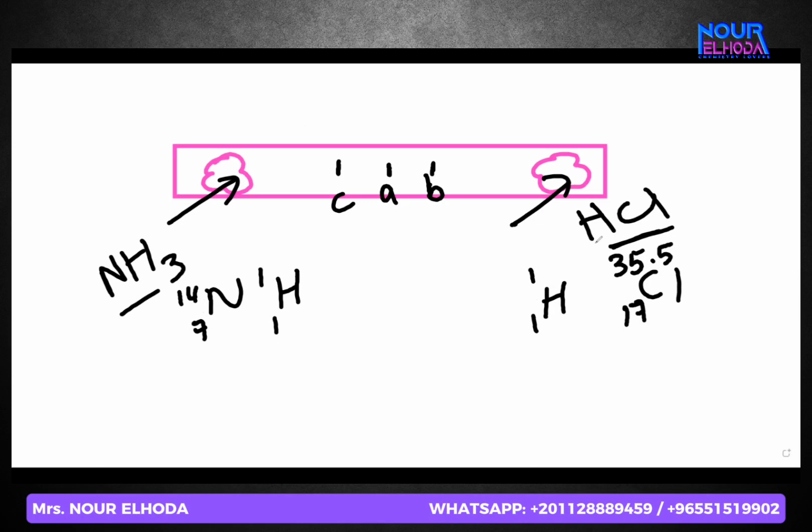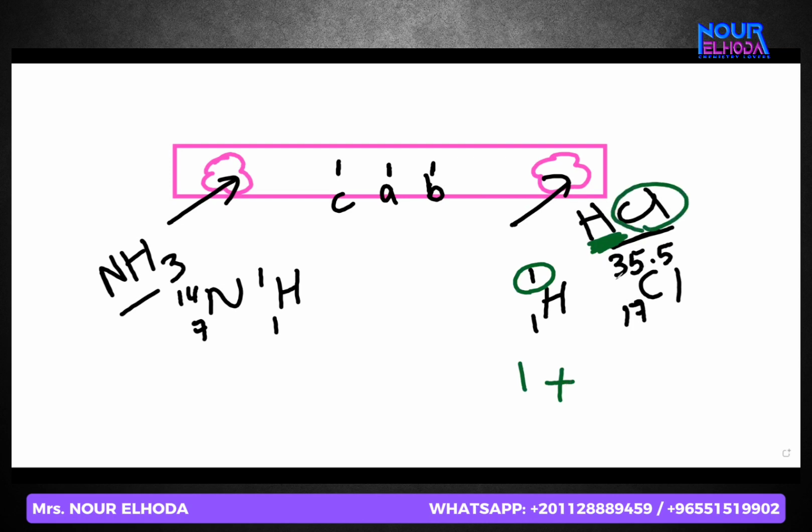You will check how many hydrogen do I have here? How many hydrogen? 3. I mean 1. I thought you were just asking about the ammonia. No, I'm talking about HCl. Yeah, it's 1. Exactly. So this means 1 plus how many Cl do I have? 1.